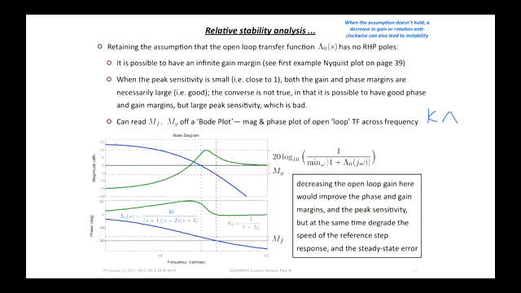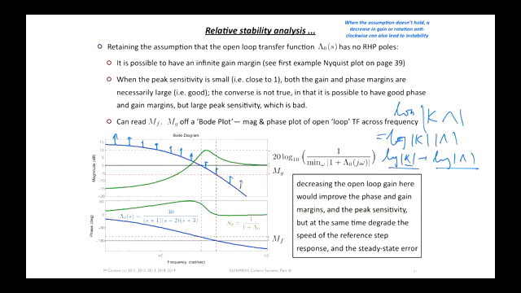It's going to move up by the same amount at all frequencies, because the magnitude of this is the magnitude of k times the magnitude of lambda, and if I take the log of that, then it's the log of k plus the log of lambda. So I'm just adding this, which is constant across frequency, to the magnitude part of the Bode plot for lambda. So I'm moving it up by the same amount.